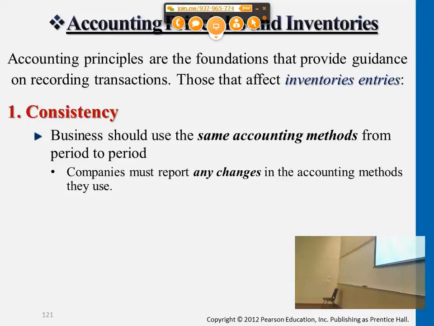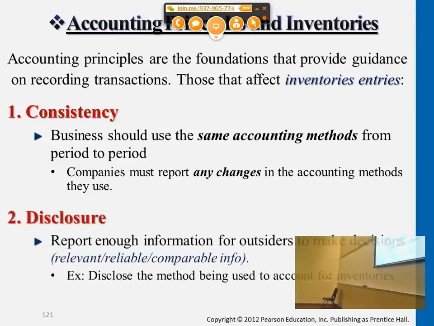Okay, some of the principles you need to know here relate to how we report inventory-related transactions on financial statements. There are 4 different principles newly introduced in this chapter. The first one here is consistency. Since we're talking about different inventory methods, consistency guides accountants for corporations to use the same type of inventory method along the years.